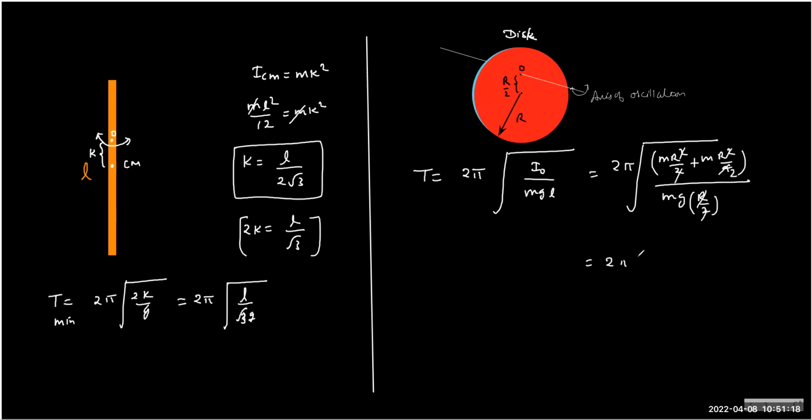So what you get here is m r square, so r plus r by 2, which is 3r by 2, right? This is the answer, 3r by 4g.